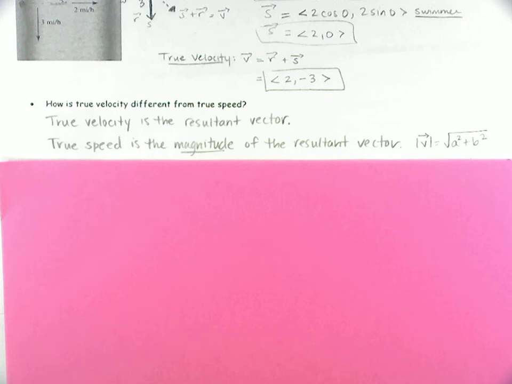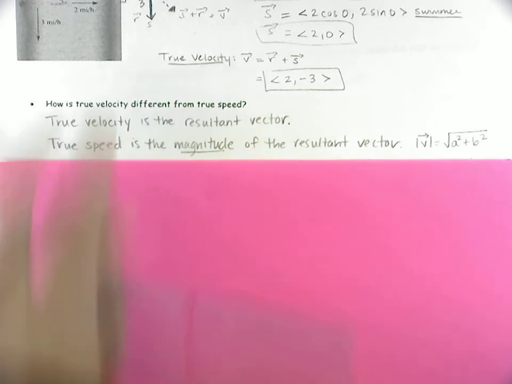Did some of you find the true speed and the direction for this? What did you get for your bearings? Okay, yes and no. First, this is our picture, right?